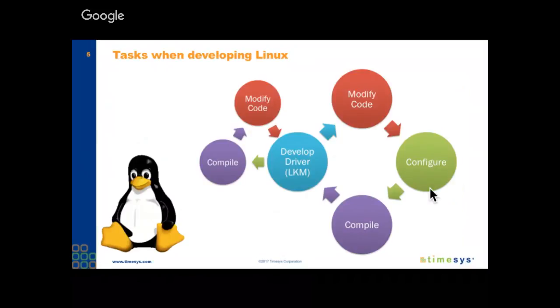When we develop a Linux operating system, we typically start by modifying the code. And I have this big red circle in here. Once we modify the Linux operating system core software, we can proceed to the next step, where we have to configure some of that new code that we've added to the Linux kernel, or perhaps options that we've added for existing Linux kernel code, to the Linux configuration.